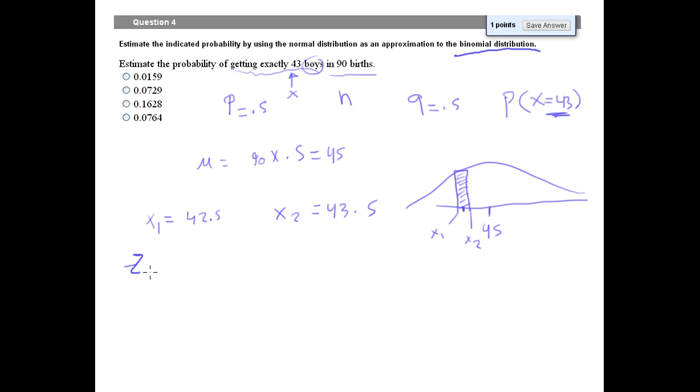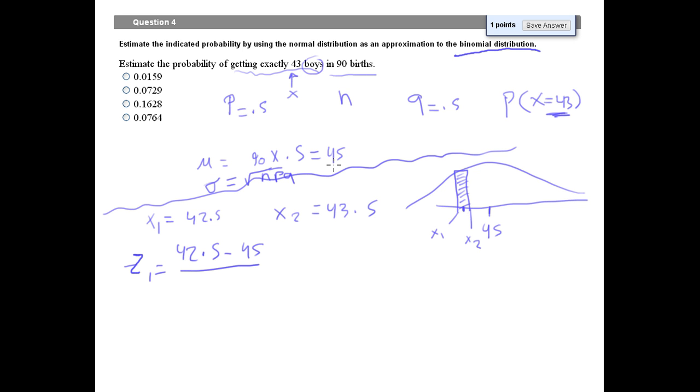So Z1 will be equal to 42.5 minus mu, which is 45, divided by sigma. Well, I forgot to bring sigma from the binomial. So I need sigma from the binomial before I actually move to the normal distribution. So sigma should be the square root of npq.